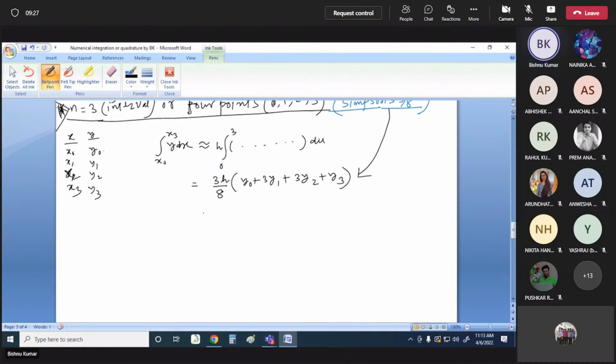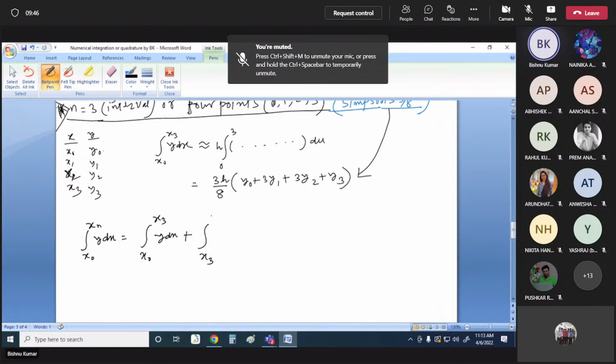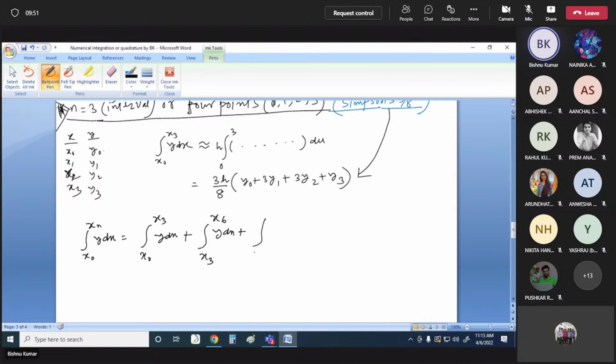Suppose the integral from x0 to xn of y dx is the integral from x0 to x3 of y dx plus x3 to x6 of y dx plus x6 to x9 of y dx, and so on up to xn minus 3 to xn of y dx.